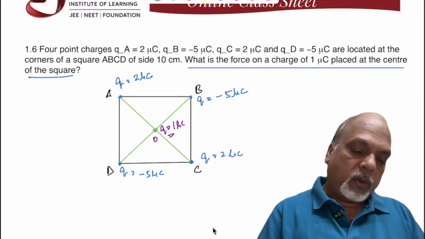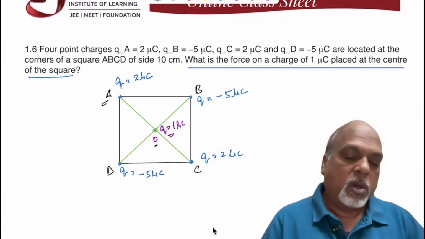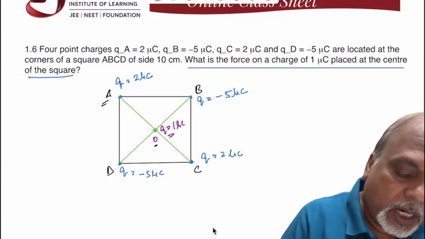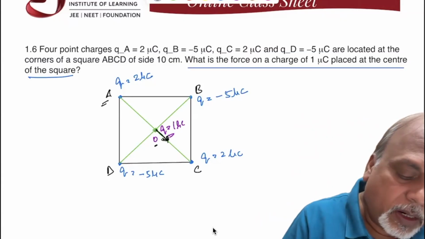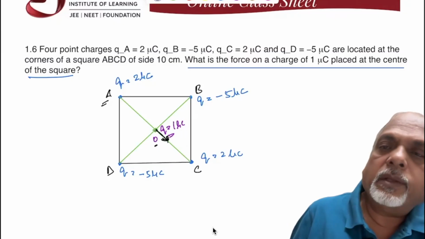The charge at A and the charge at O are positive in nature, so A will repel this charge like this.